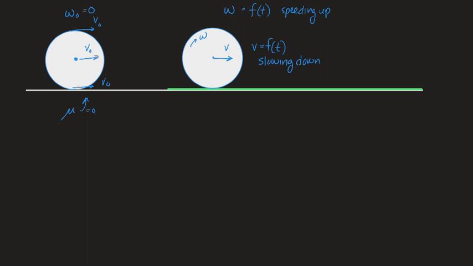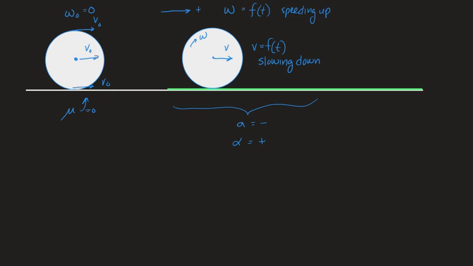It's a lot of words, and it's a lot to keep track of, but ultimately, if we decide that this direction is the positive direction, during this time, the acceleration is negative and the angular acceleration is positive. Those two things have to be true. That's the only way you can transition from not rolling to rolling, is to start speeding up the rotation while we slow down its motion.